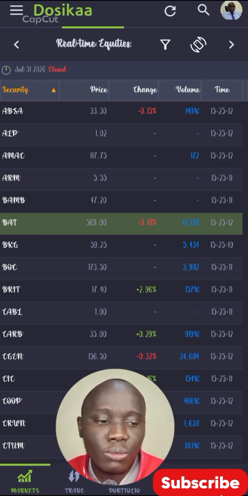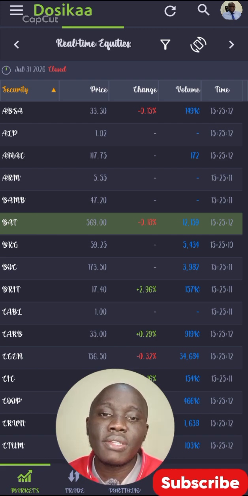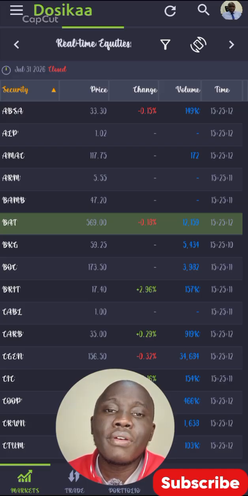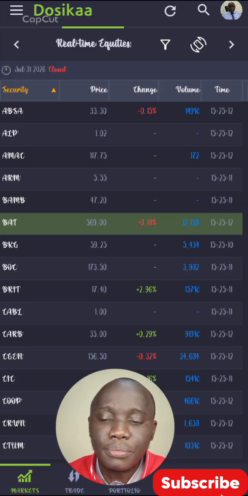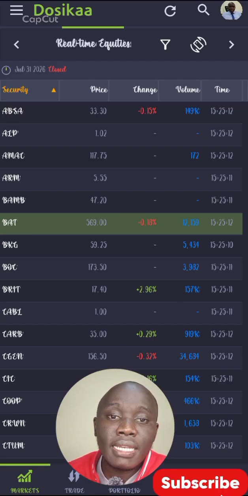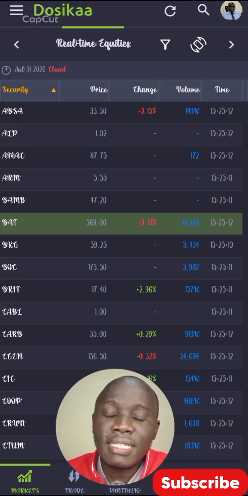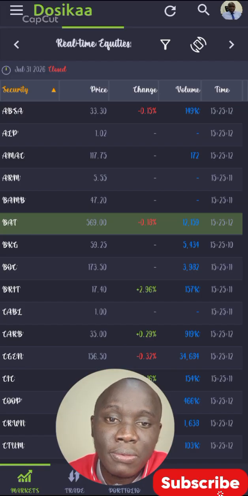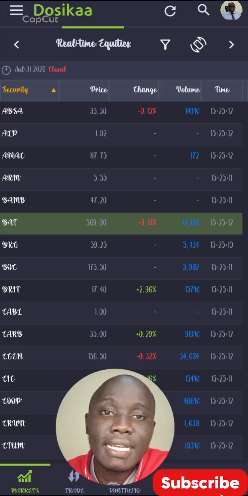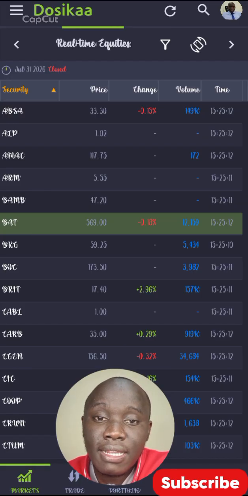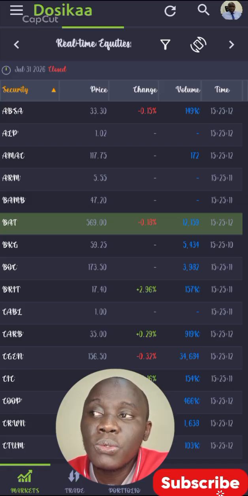Now you have decided you want to sell your shares in the Nairobi Securities Exchange, and you have logged into the app. We started by showing the list of shares listed in the Nairobi Securities Exchange, and you go back to the same list, identify the share that you want to sell, and click on it. For this example, we are going to use ABSA.